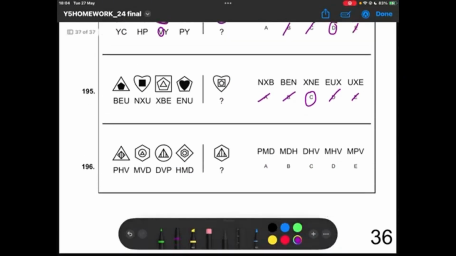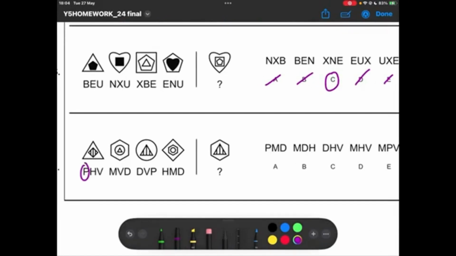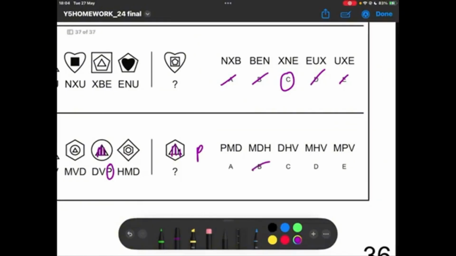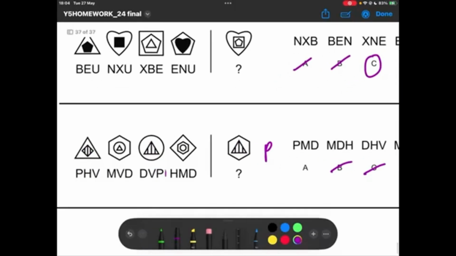Last question here. So these two are the only ones with a P in it, and they're both the only ones with these vertical lines. The test shape also has vertical lines, so it must have a P in it somewhere, so we can rule out any that don't have a P. Next, these two are the only ones with an M in it, and they are also the only ones with a hexagon in.